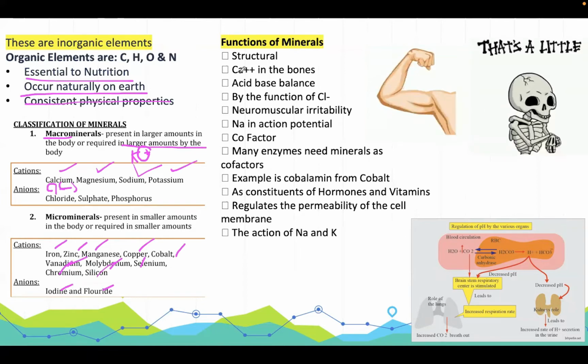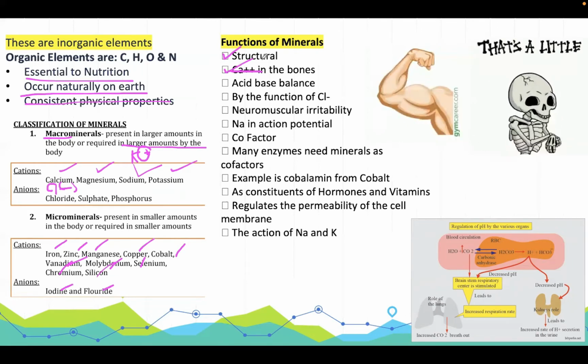Marami po siyang functions, isa-isahin natin. Mainly, they are for your structure. Okay, yung structure ng katawan natin, mostly it's comprised of your minerals. The calcium, okay, these are necessary for the growth and the stability of your bones. What else?